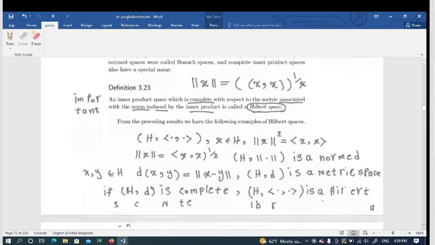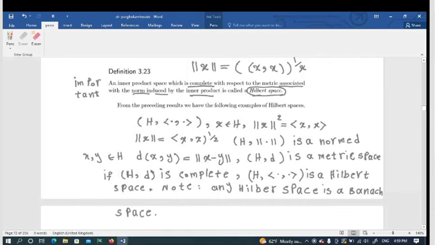Okay, I explain this definition here. For H with the inner product, we define a norm like this, so H will be a normed space. Now, by definition, the metric d of x and y equals the norm of x minus y.